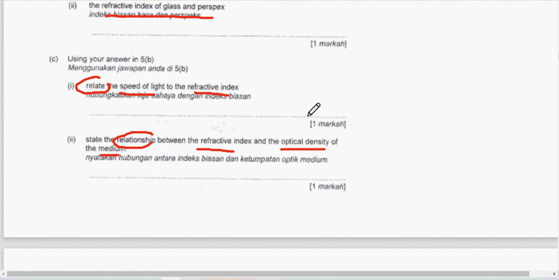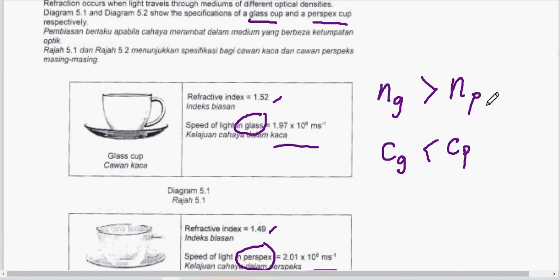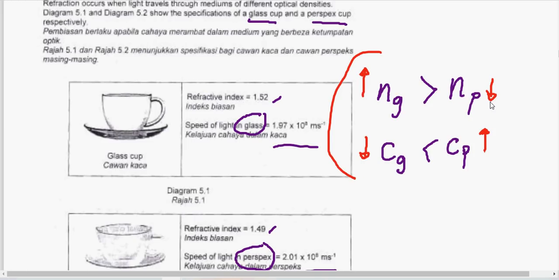Alright, so for the speed of light and the refractive index, you can use this. You can see this is bigger, you can put higher. And then this one smaller. The speed of light in glass is smaller, speed of light in perspex is more. So you can use this to write your answer.